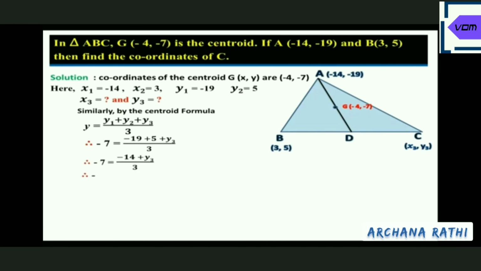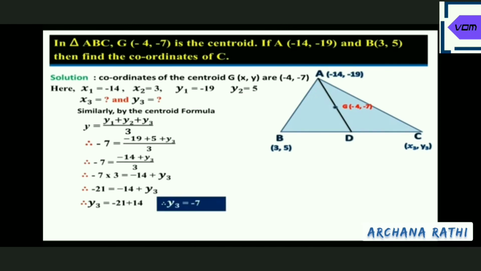Now simplifying the equation for y3, we will get the value of y3 is equal to -7. So the coordinates of the third vertex of the triangle ABC are (-1, -7).